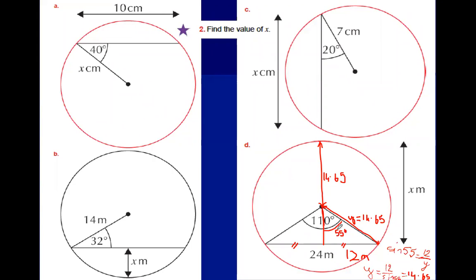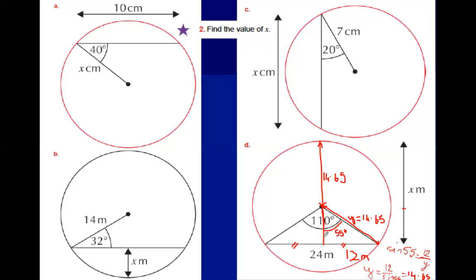Now, what I can see is the only side that is missing for me to get x is this bit here, that length there. Because I've got 14.65 here, I'm looking for that length here. And this time I'm going to use cos 55. So cos 55 is adjacent divided by 14.65.